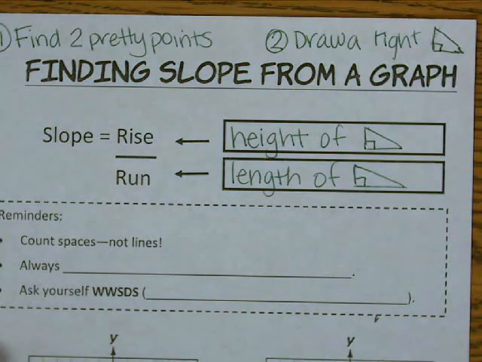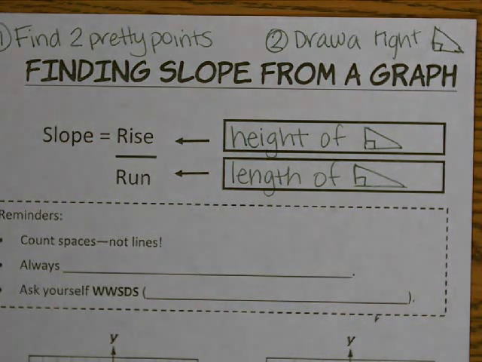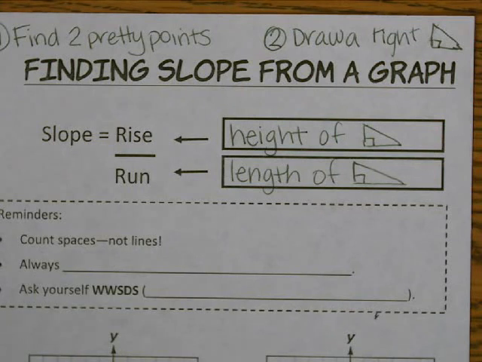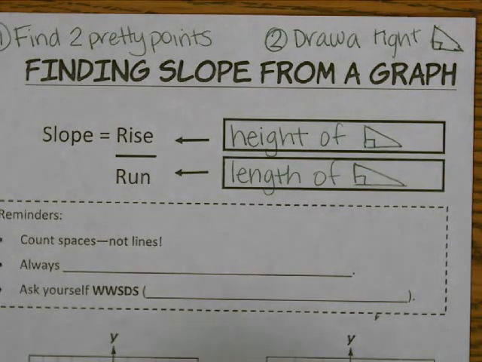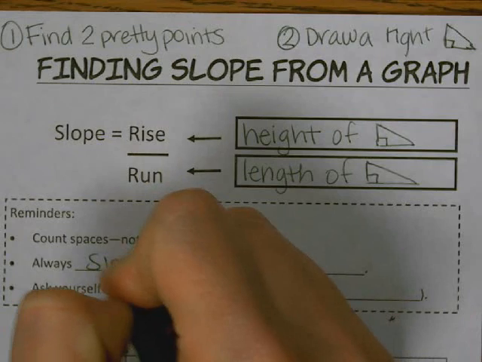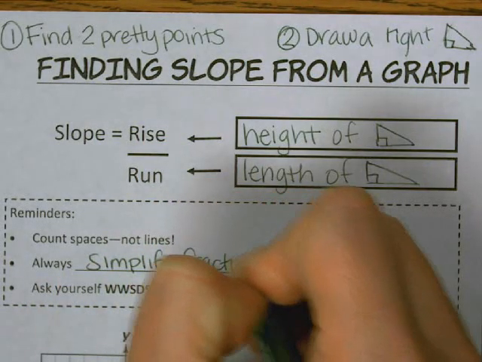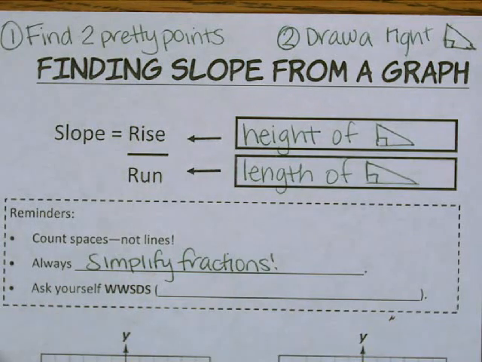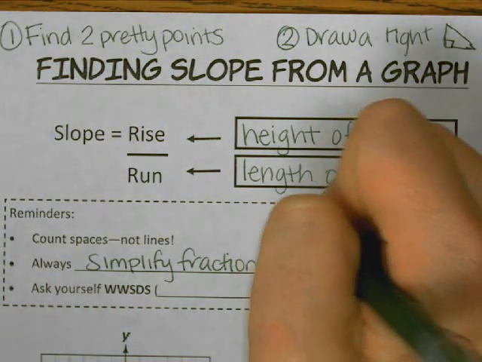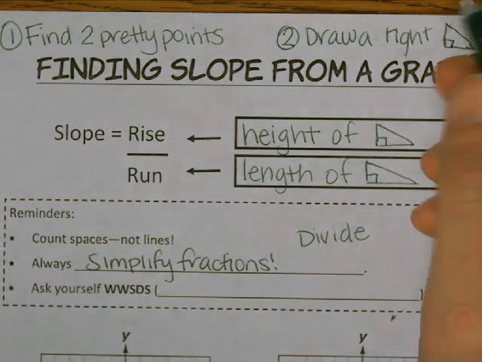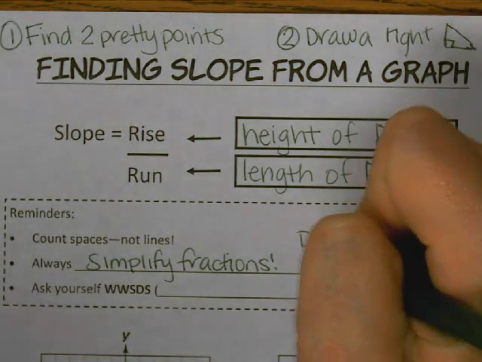Okay. And when you're doing this, just a couple of simple reminders. You're always going to count spaces, not lines. So you're going to count like you're going to hop. You're also going to simplify fractions, and remember, you can do that on your calculator by using division. So you'll divide the fractions, top divided by bottom, and then you're going to push math, enter, enter.